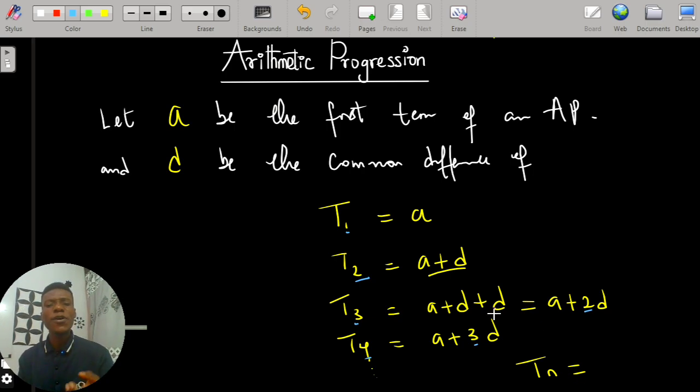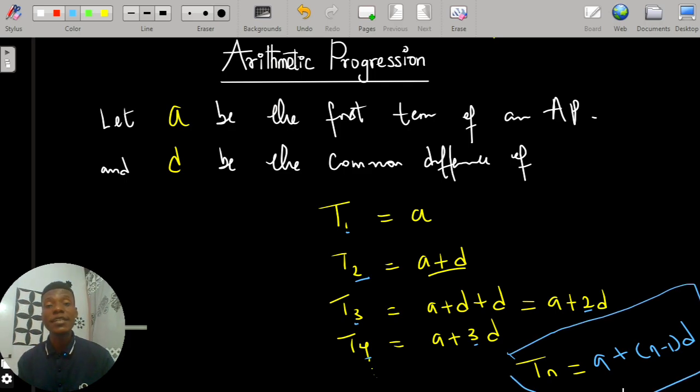Then, if we follow the same pattern, Tn will give us the coefficient of D to be n minus 1. That is, because the pattern is that the fourth term has the coefficient of D as 3, the third term has 2, so the nth term is definitely going to be n minus 1. And this is how this formula is being generated.